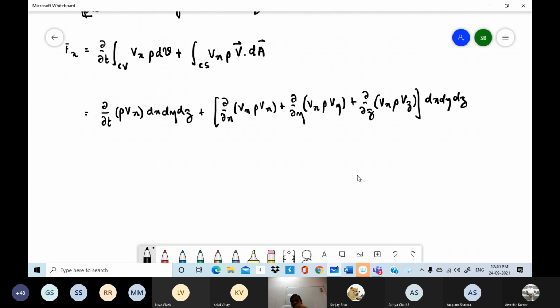So the force on this elemental volume is related to the rate of change of momentum in the control volume by this.